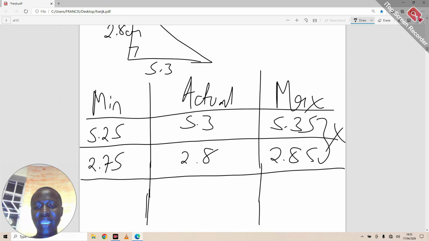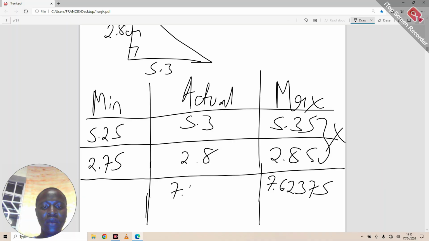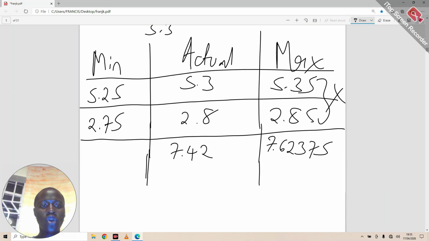On this side, we shall have 7.6235. On this other side, a half times 5.3 times 2.8, I shall have 7.42. On this other side, a half times 5.25 times 2.75, I shall have 7.21875.